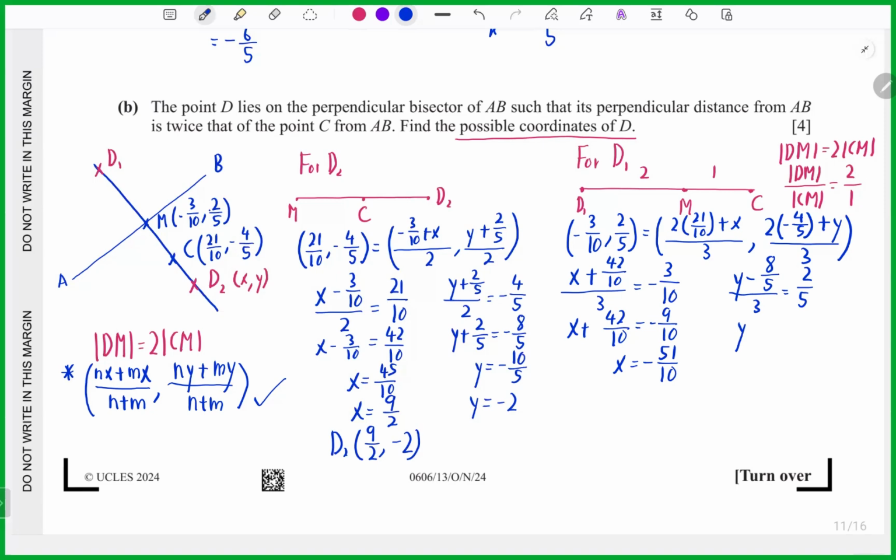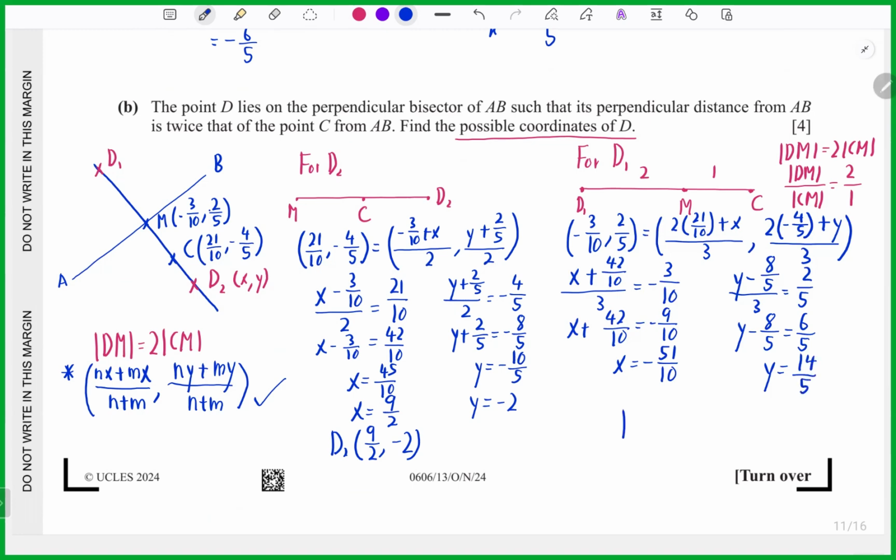So y minus 8 over 5 equals 6 over 5. y equals 14 over 5.